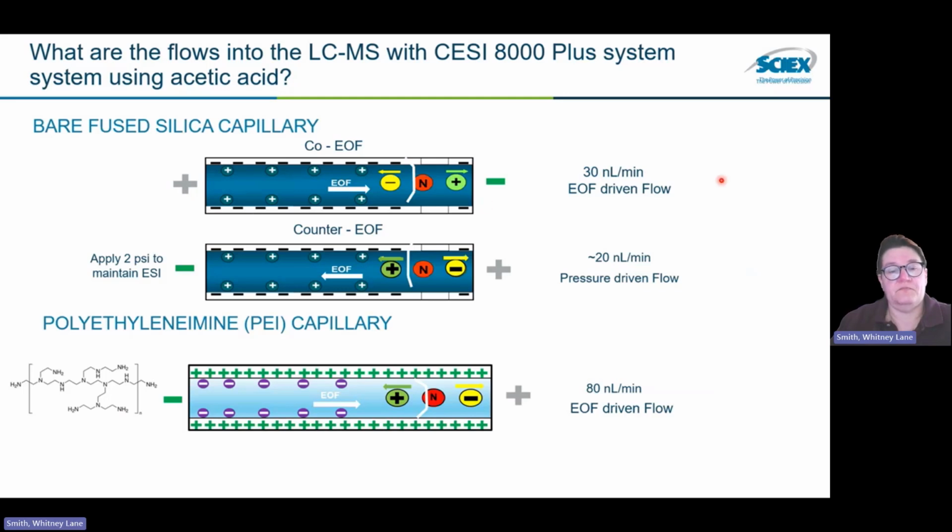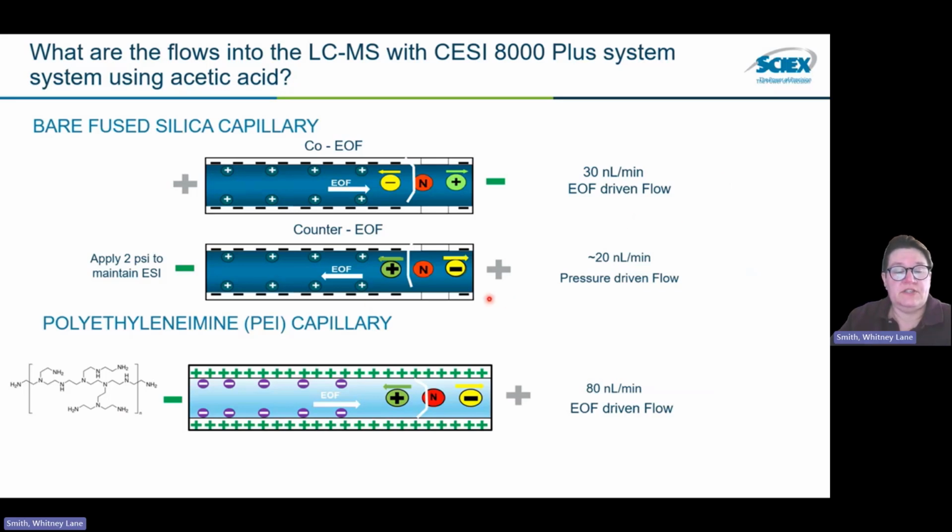We have approximately 30 nanoliter per minute flow rate. The electroosmotic flow also increases or enhances the separation. But we try to minimize the effects so that we have very sharp peaks by using a low pH buffer.